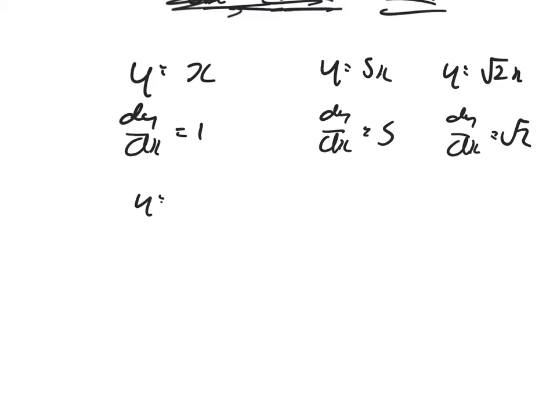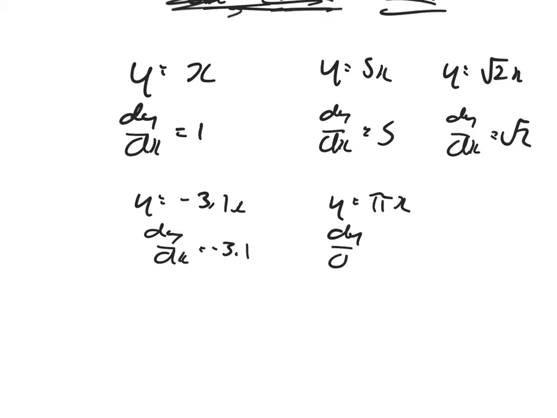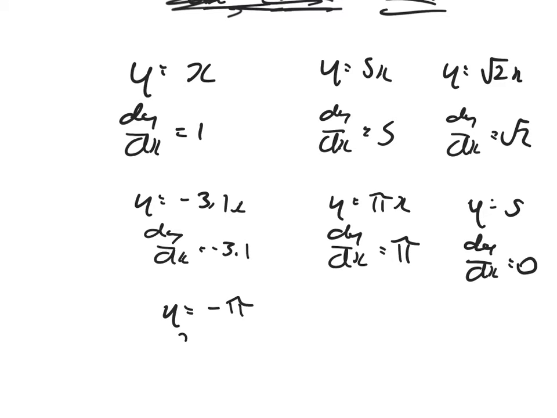If you were to differentiate minus 3.1x, you get minus 3.1. If you were to differentiate pi x, you get pi. So if you differentiate a constant x, you just get the constant. Now, if you differentiate a constant on its own, for example 5, then it goes to 0. Alright, so any constant when you differentiate becomes 0.